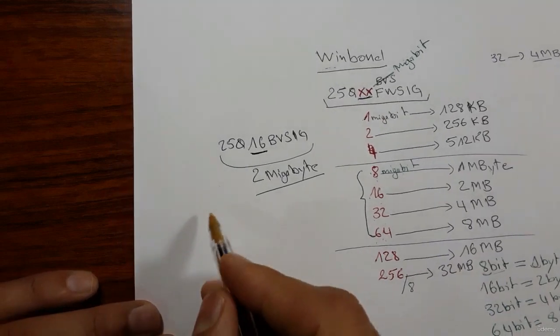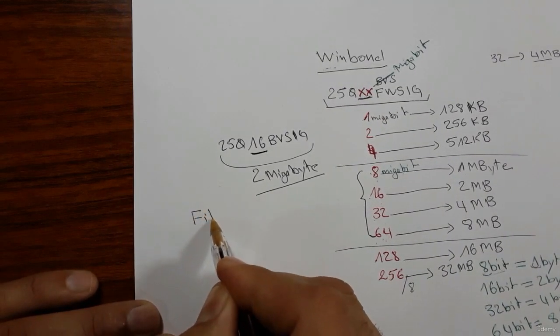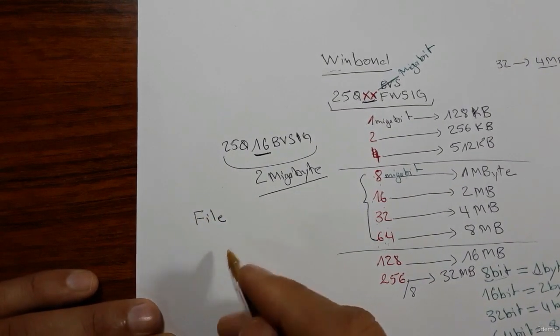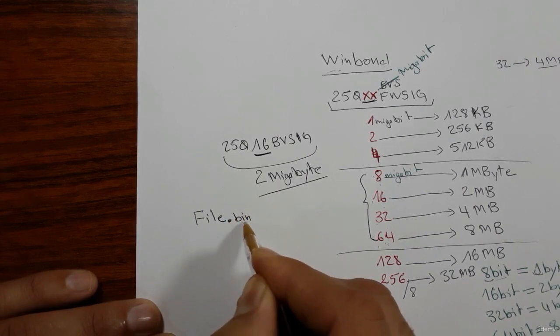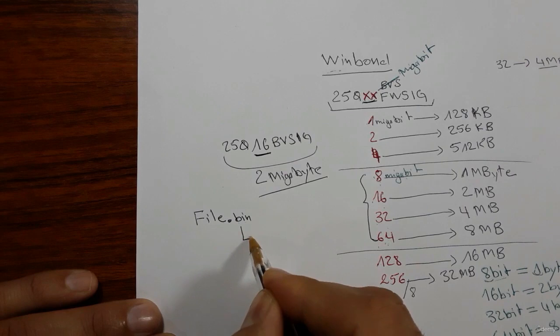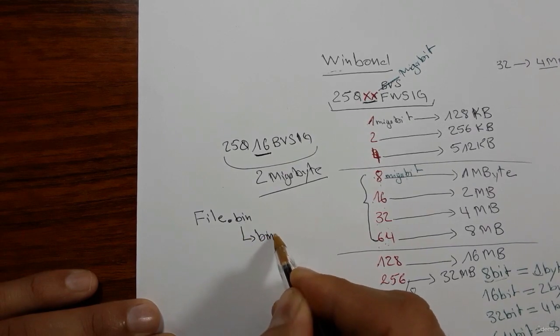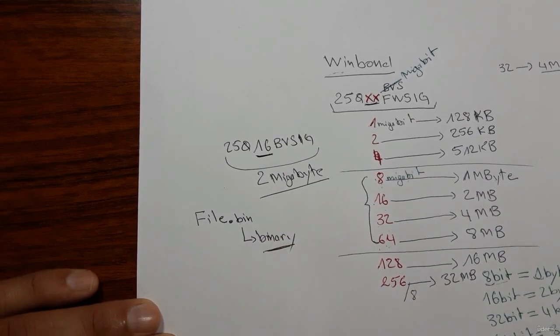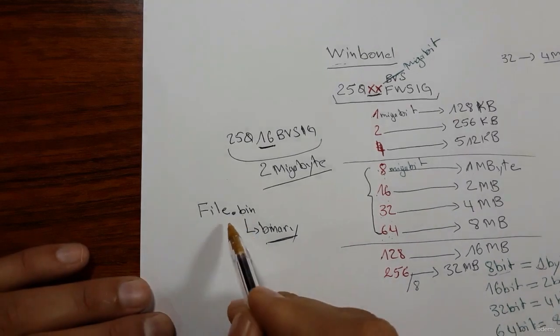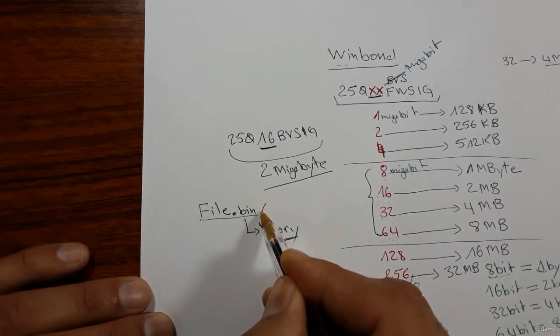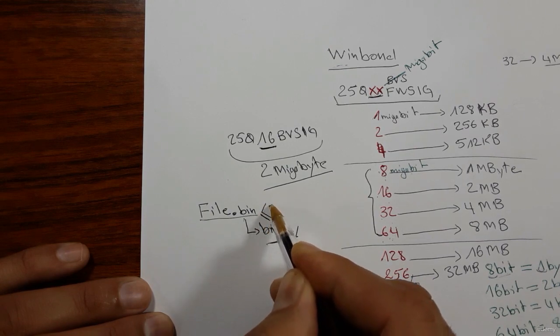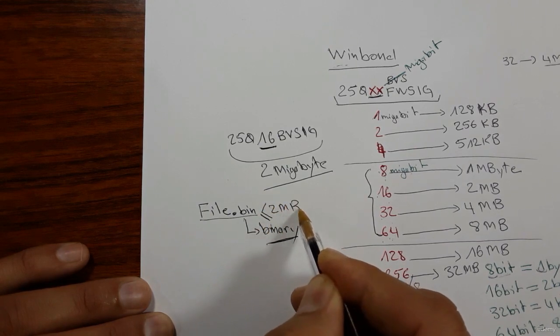So the file, which we will usually find with a bin extension, bin means binary, should be less than or equal to 2 megabytes.